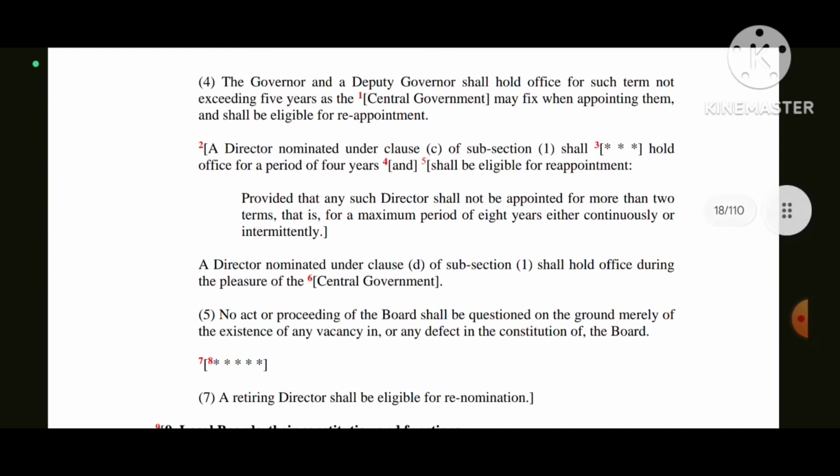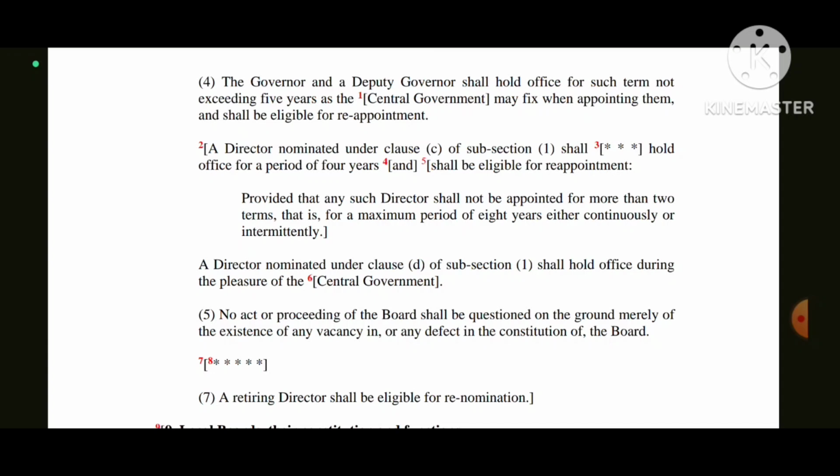So their tenure will be for 4 years and they shall be eligible for reappointment, provided that such director shall not be appointed for more than 2 terms, that is, for a maximum period of 8 years, either continuous or intermittently. So maximum they can work for two terms and for a maximum period of 8 years.